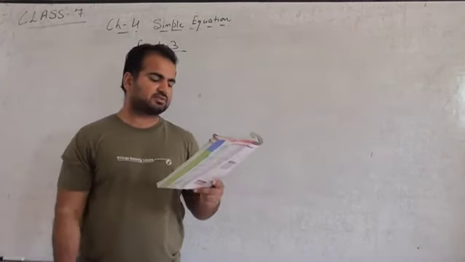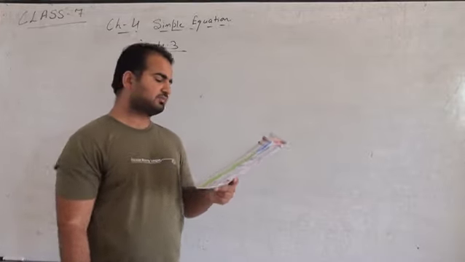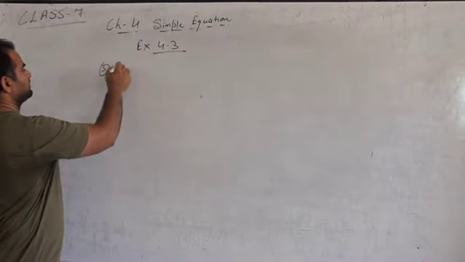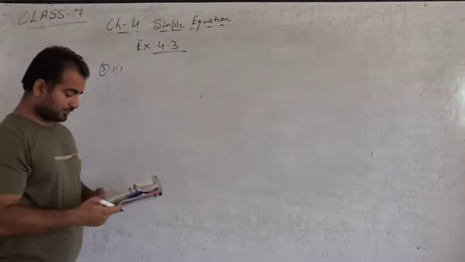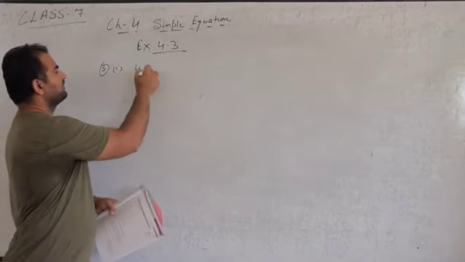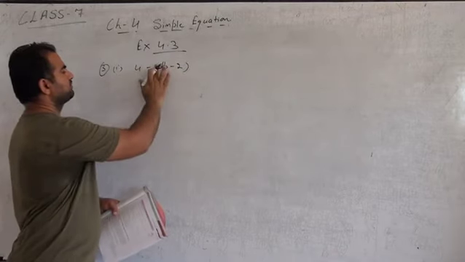Solve the following equations. First question is 4 equals 5p minus 2.